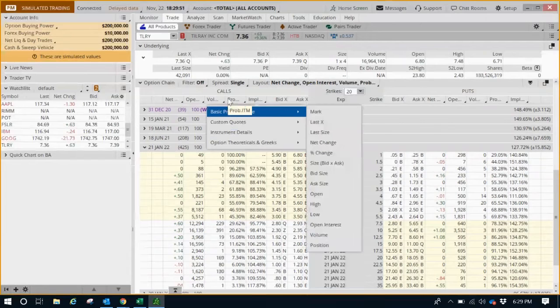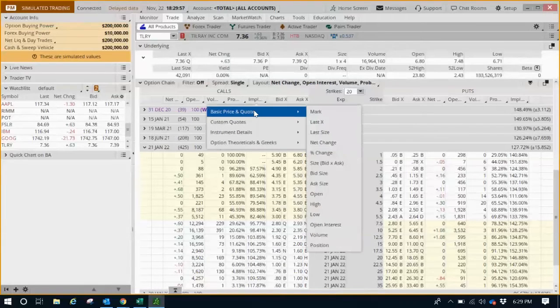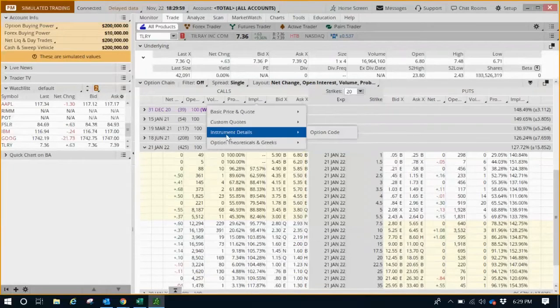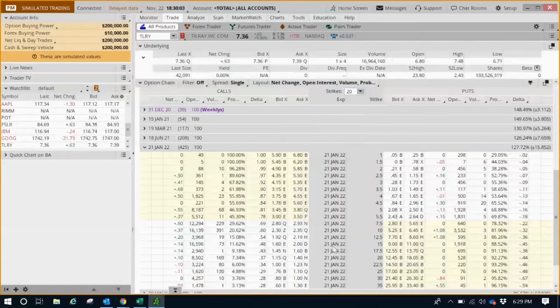This is 1 year out, $5 strike, and this is the delta: 81% delta. That's a really good delta, right? So I'm going to capture the big move that Tilray is going to make.